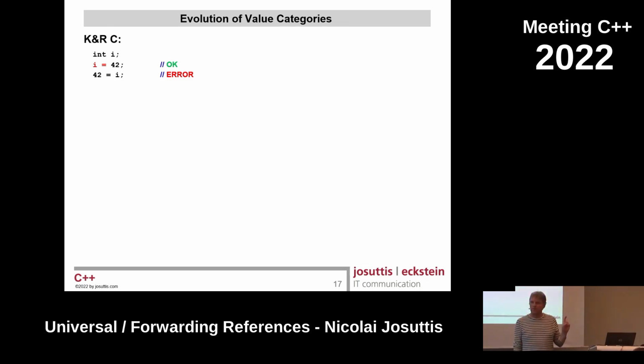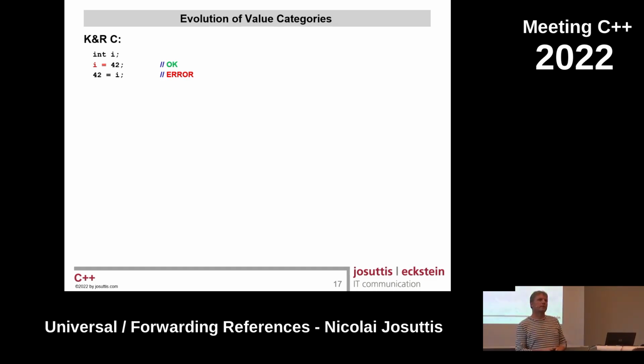And it's not enough to say the types have to fit, because you see it here. The type of i is int. The type of 42 is int. But one of the assignments compiles and one does not. So there must be something more.